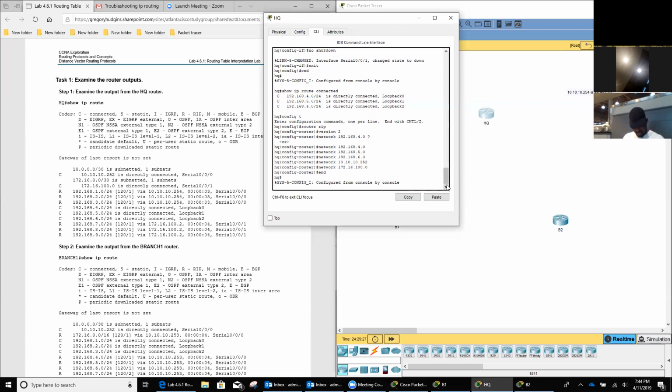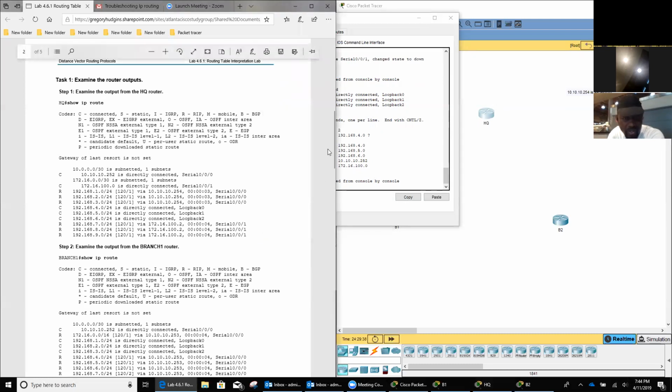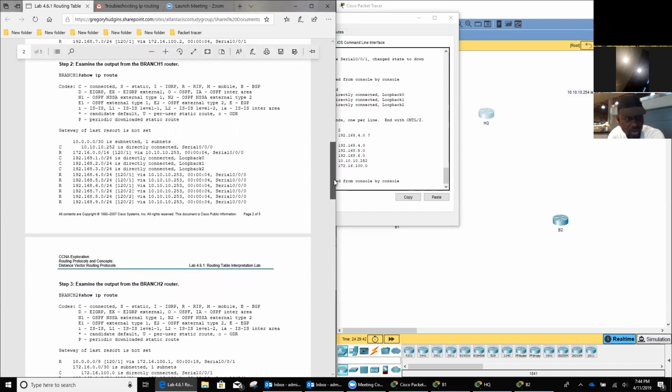All right, so let's scroll down and look at branch 1. On the show IP route, the task step number 2. You can see it has its connected routes. It only has one serial interface. What's that IP address? We got serial interface 0/0/0.